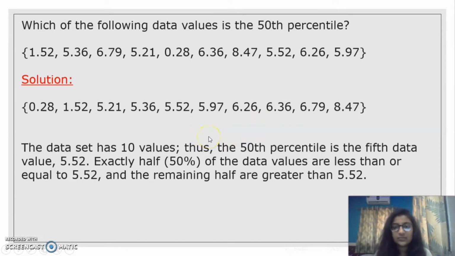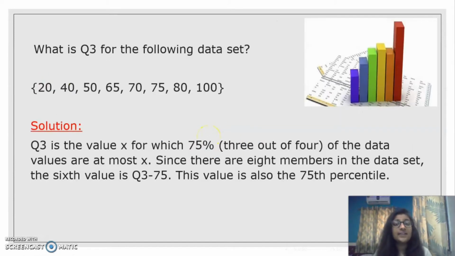Now moving forward, Q3 is the quartile. As I told you, quartile 1, quartile 2, quartile 3. They are asking what is quartile 3. Quartile 1 will be 25%, quartile 2 is your median which is 50%, quartile 3 is your 75%. This is the thing I told you in that slide.